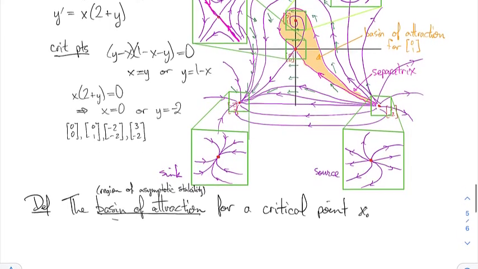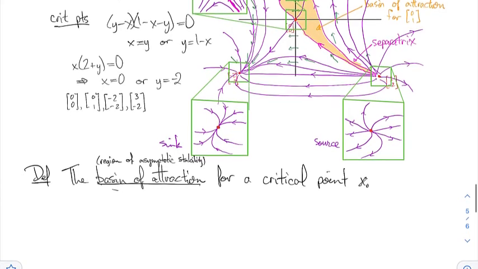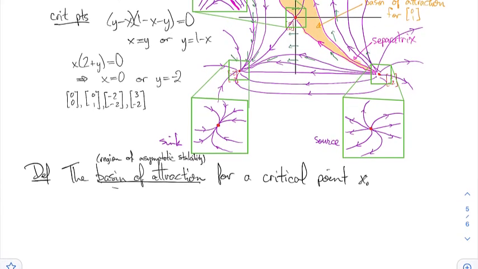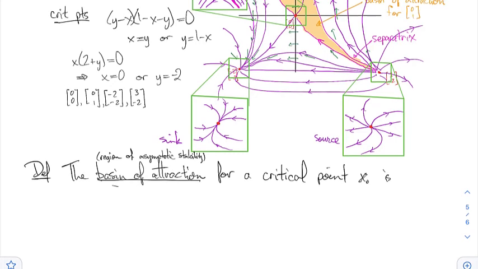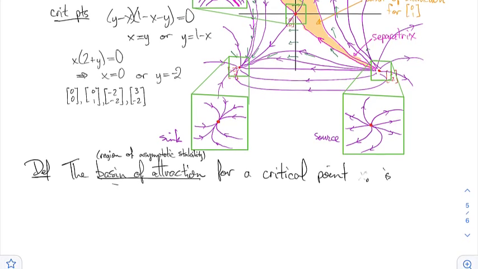So the basin of attraction for a critical point, or actually, you know what, let me change the notation here.